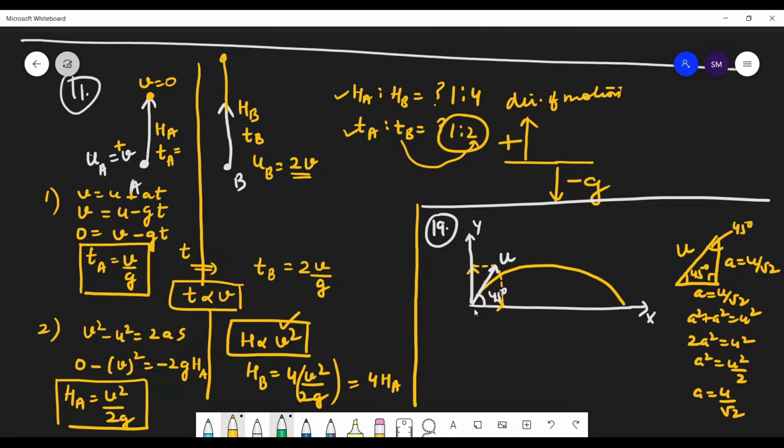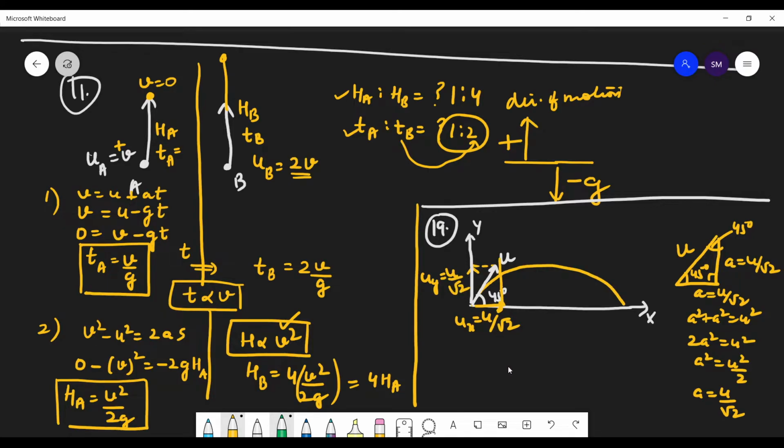It means this horizontal component of the velocity will be ux. What is the vertical component, students? What will be the vertical component of velocity? Same. U by root 2 this side, this is also u by root 2, so that's the same.